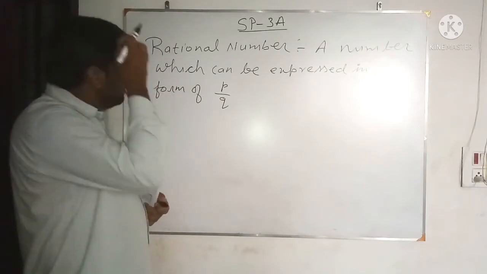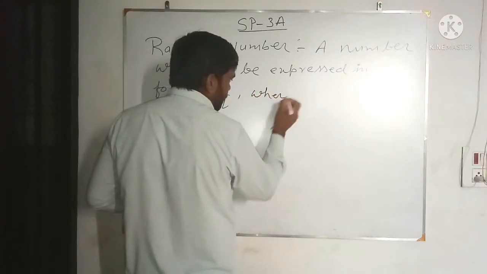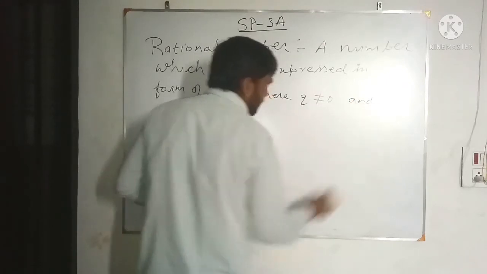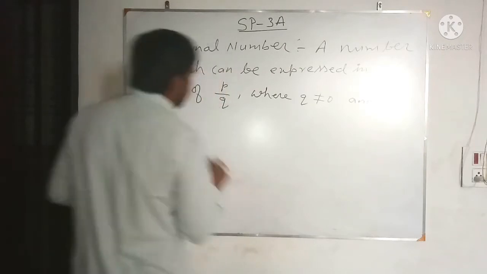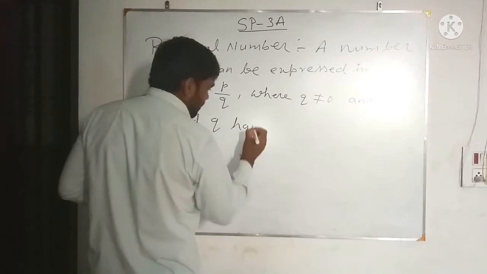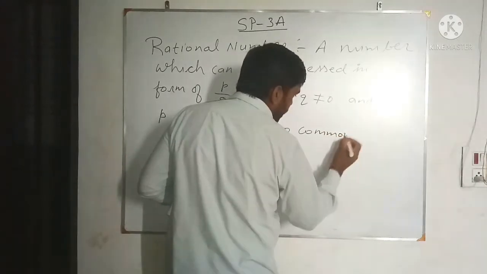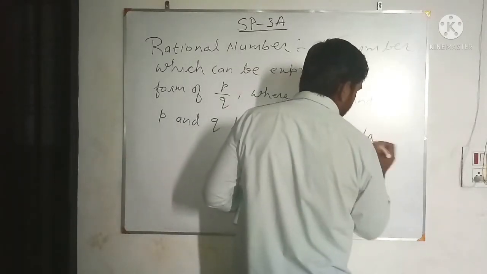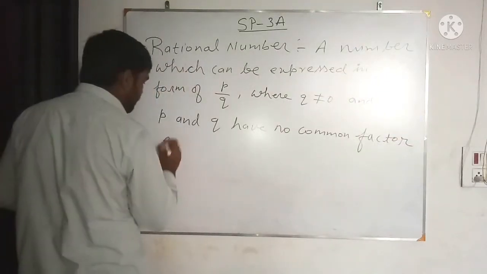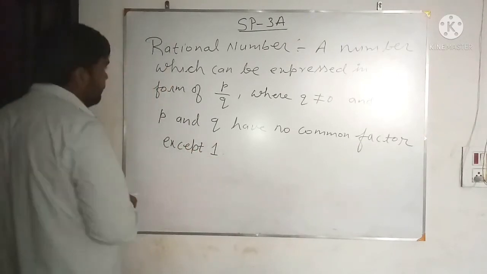So a number which can be expressed in the form of p by q, where q should not be equal to 0, and p and q have no common factor except 1.